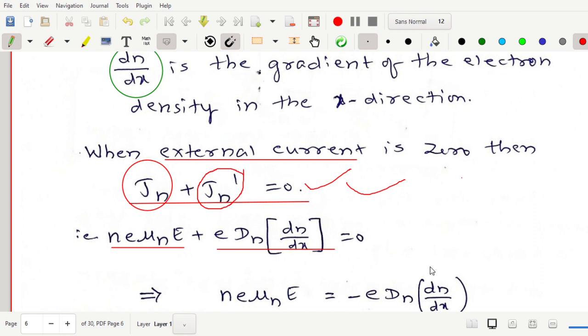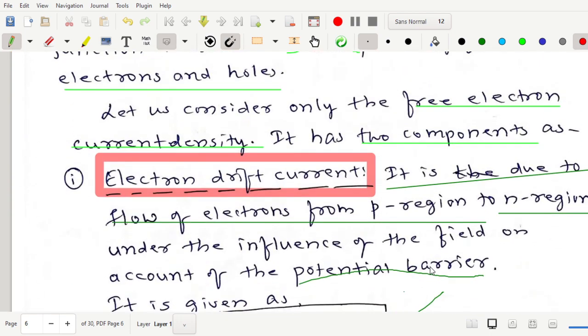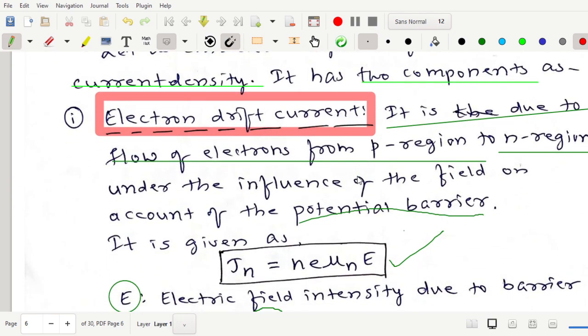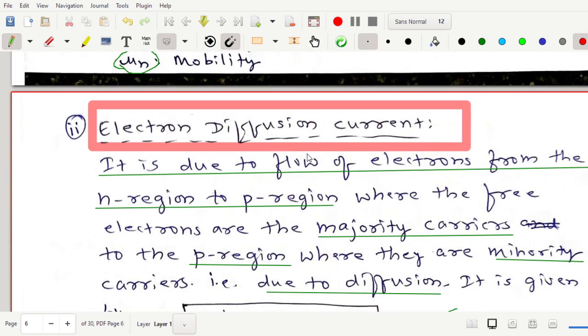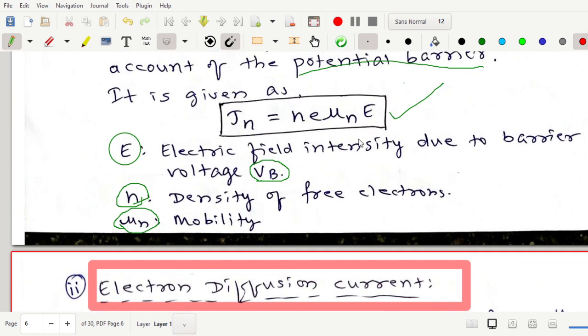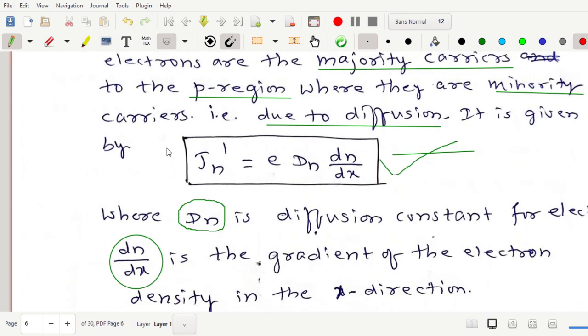I hope at this point you are clear with the concepts of the two components of electron current density. One component is electron drift current, and the second component is electron diffusion current. This is the expression for electron drift current, and this is the expression for electron diffusion current. So when the net current is 0, that means both the components, when you add together, the net density we get is 0.